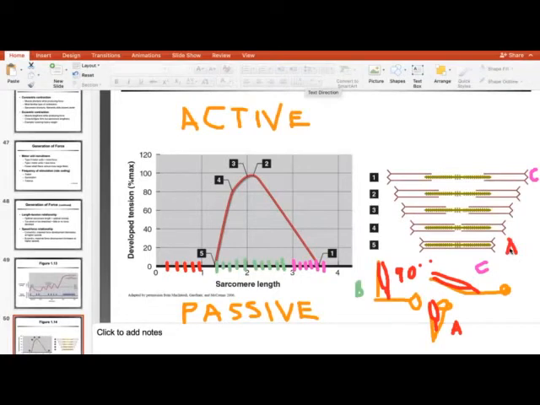And when my muscle is right in the middle of its length, it's in this range here. Now, if I have to find where the ability to create force or tension in my muscle is highest, I would say it's probably right around this range right here.